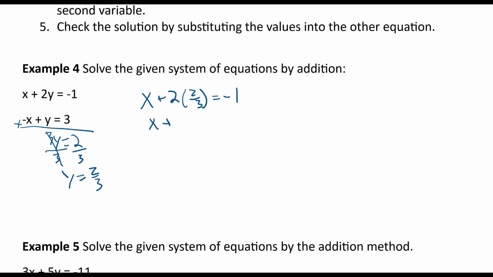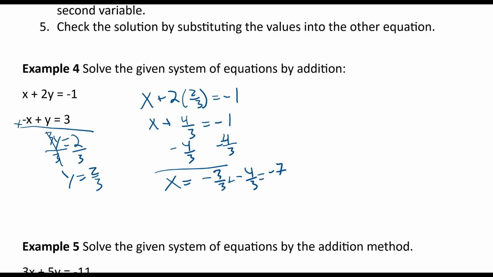So x plus 4/3 equals -1, and I'm going to subtract 4/3 from both sides. x equals, now -1 can be written as -3/3 plus -4/3, which gives us -7/3. So x would be -7/3, and the point is going to be -7/3 and 2/3.